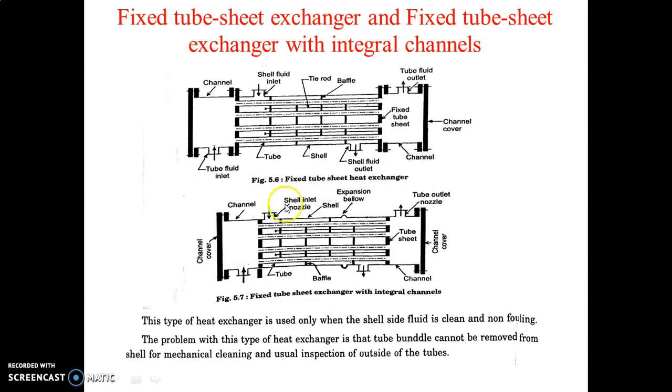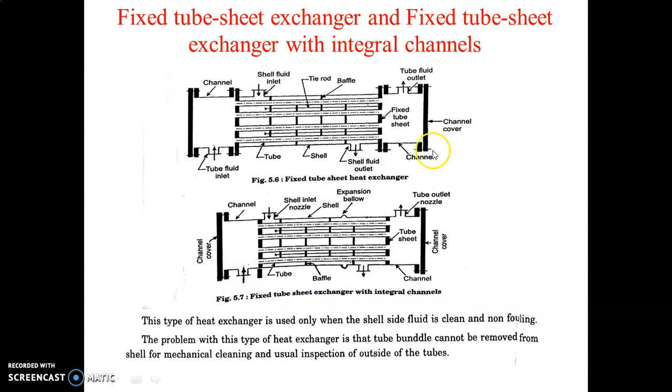So this is a very basic type of heat exchanger. And where do we have to use this heat exchanger? When the shell side fluid is clean, not fouling. Fouling means it contains some dirt. At that time you can use this fixed tube sheet exchanger.